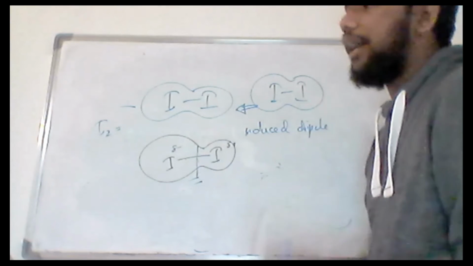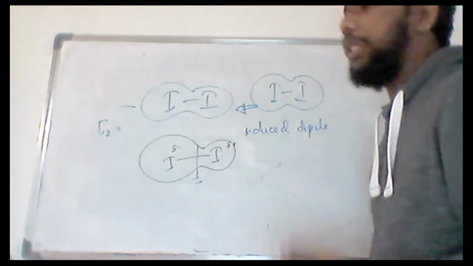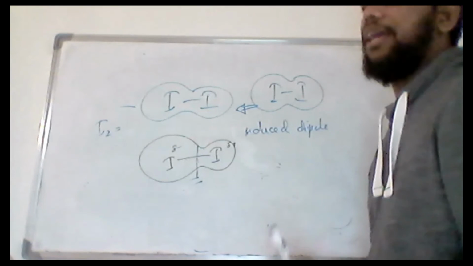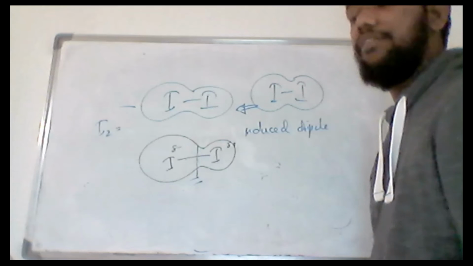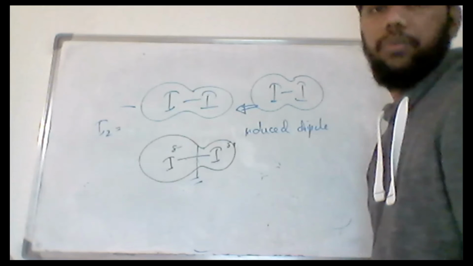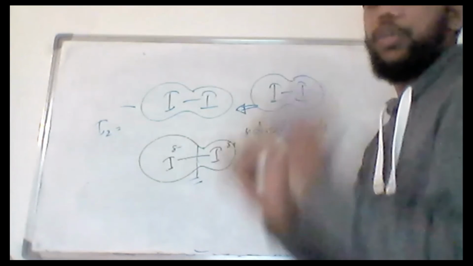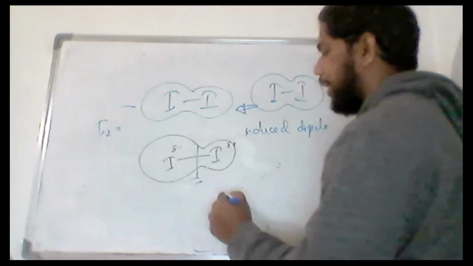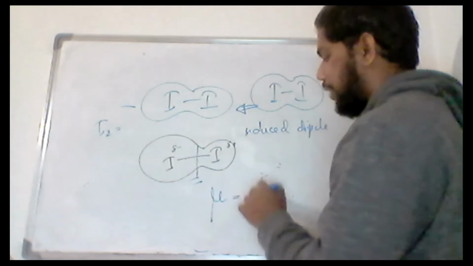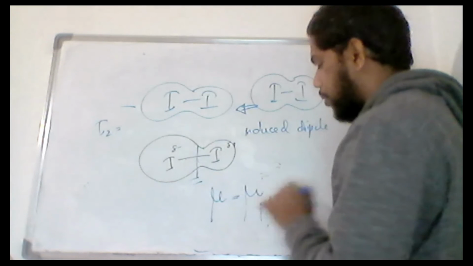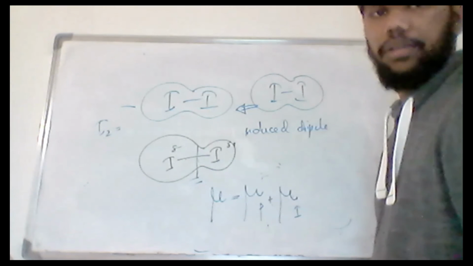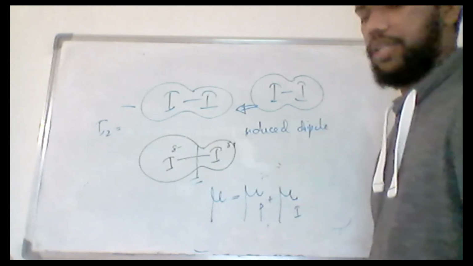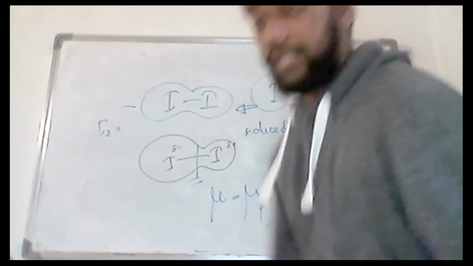There are some molecules like this. They don't have a permanent dipole moment, but they will have an induced dipole moment. But for a molecule in general, to check the dipole moment, we get the permanent dipole moment plus the induced dipole moment. Okay, up to that, that is fine. No need to know more than that.